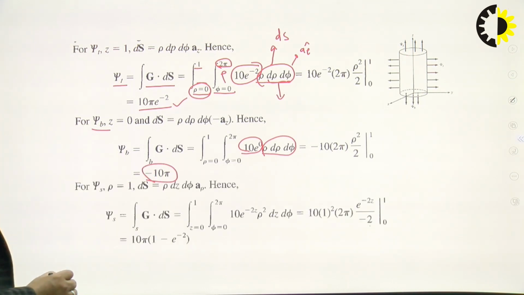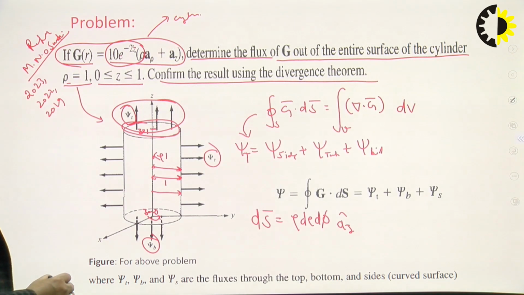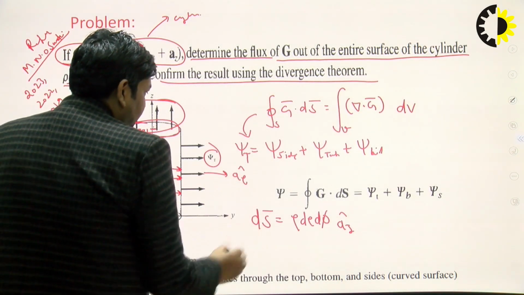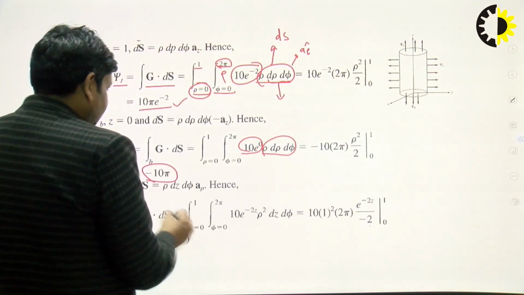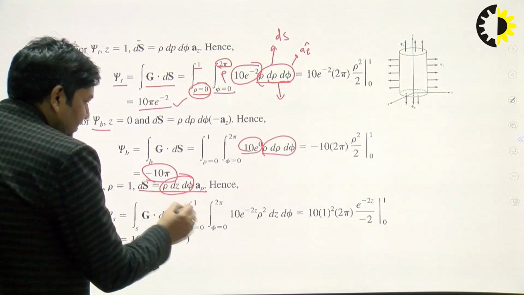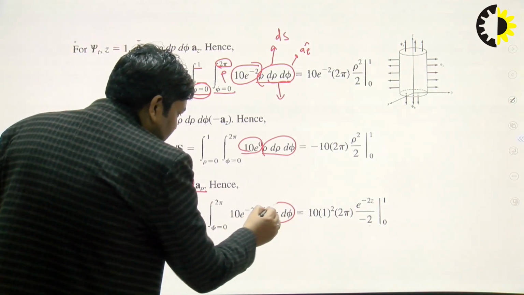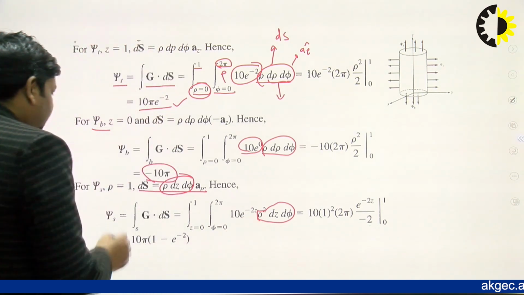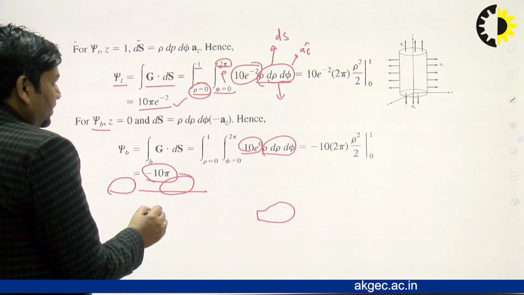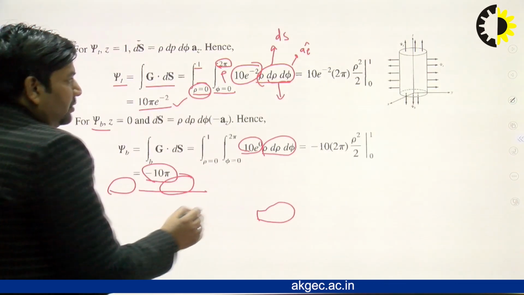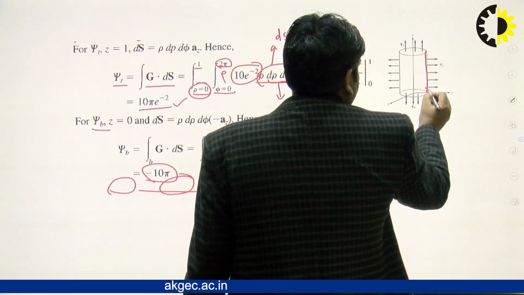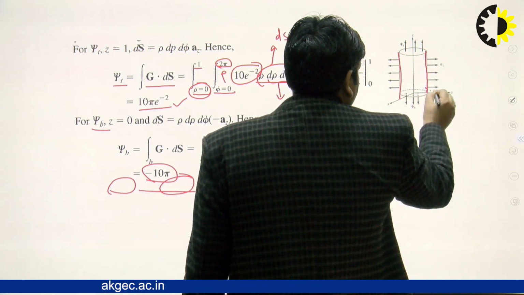In the case of side flux, it is in the direction of a rho. In the direction of a rho, the dS is defined as rho dz d phi, and at that surface rho is equal to 1.